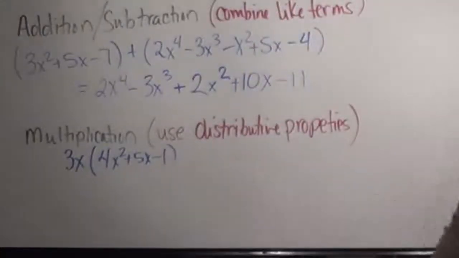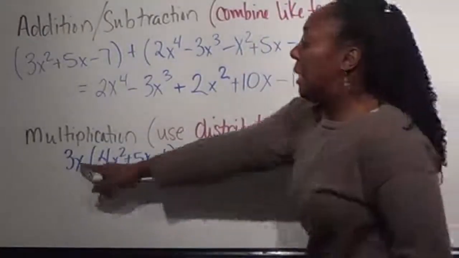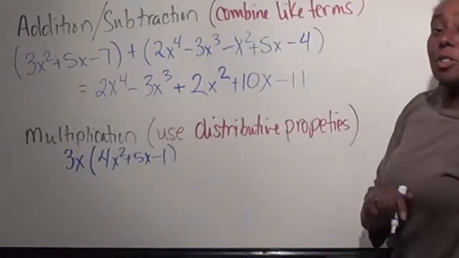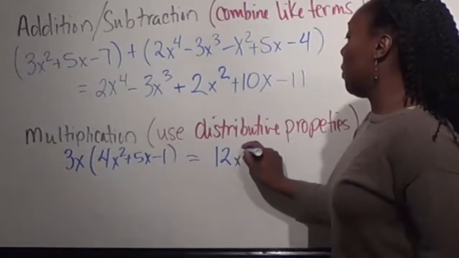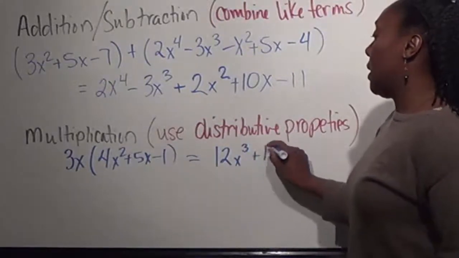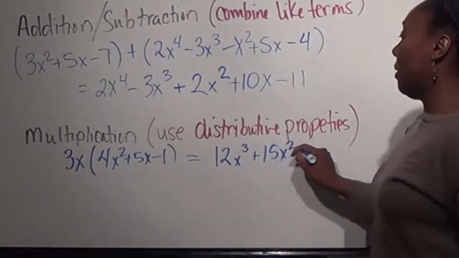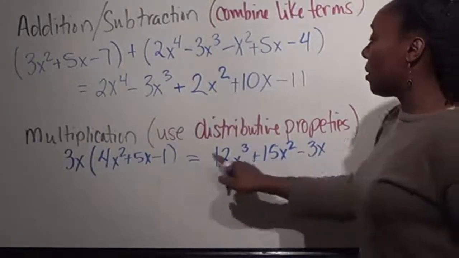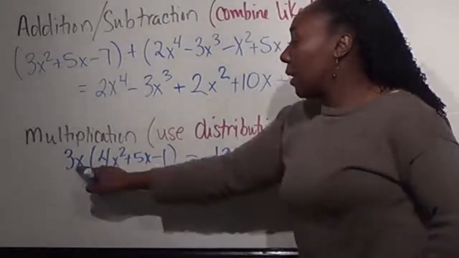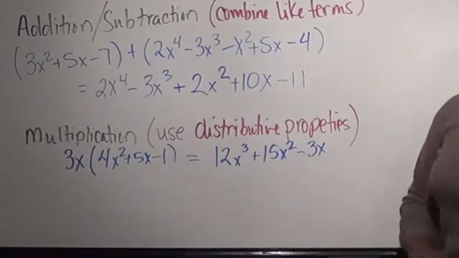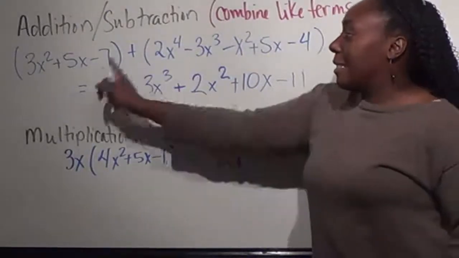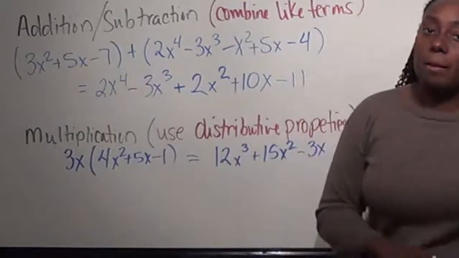Okay. And then here it's just a single distributive property. I'm going to take and apply that distributive property to each term. Okay, so I would get a 12x to the third plus 15x squared minus 3x. And notice here, again, when I'm multiplying, remember I'm multiplying like bases, so I have to add those exponents on those x terms. That doesn't happen here because I'm not multiplying.